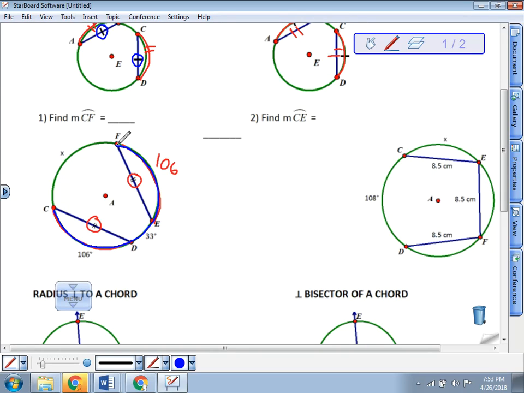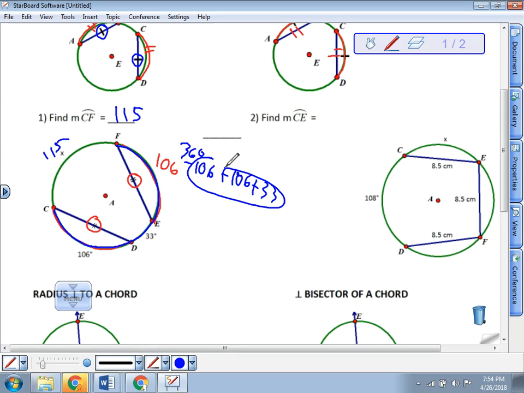We take 106 plus 106 plus 33, and then subtract that from 360. When we do that, we should get 115. So that's what this distance is right here.